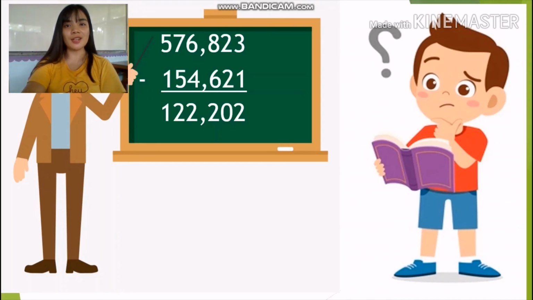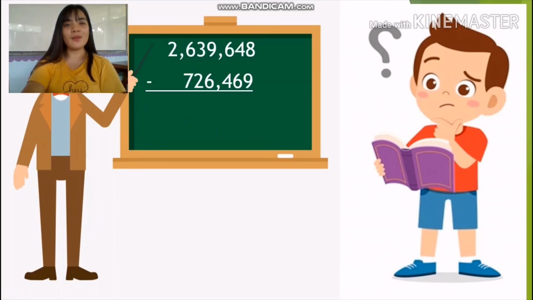Are you ready for the next problem? How about this? We have 2,639,648 minus 726,469.